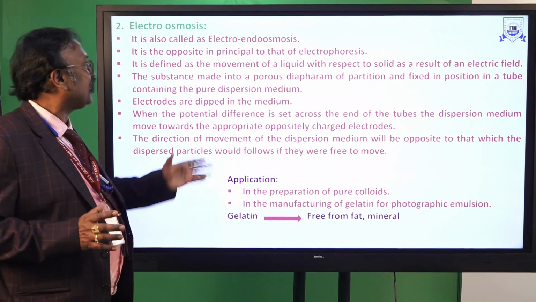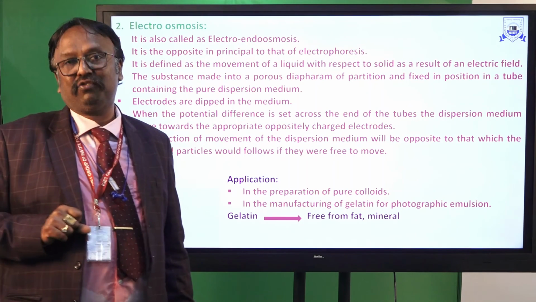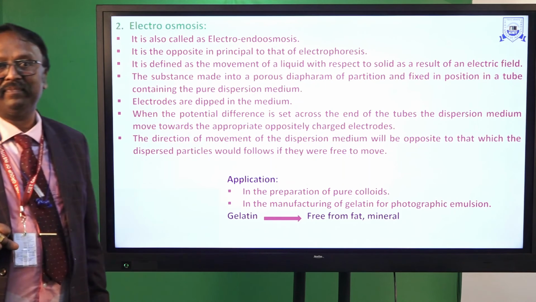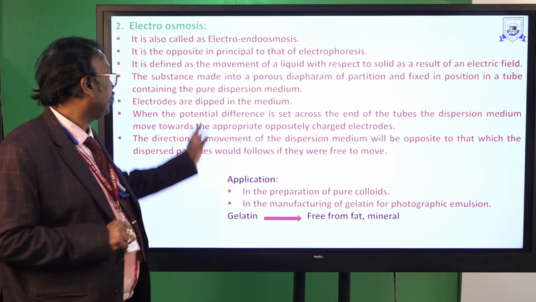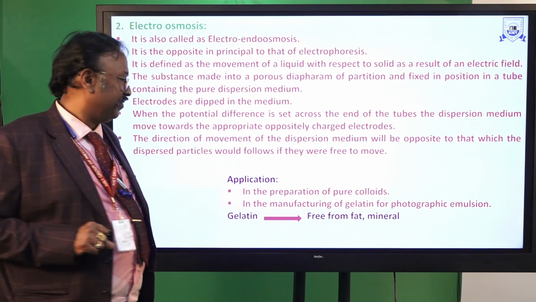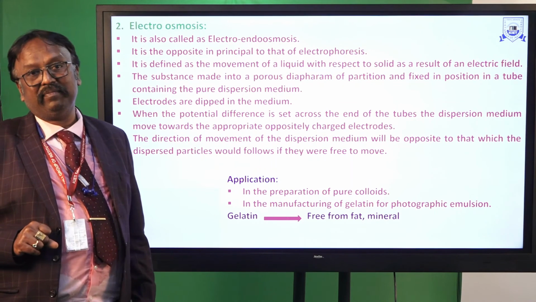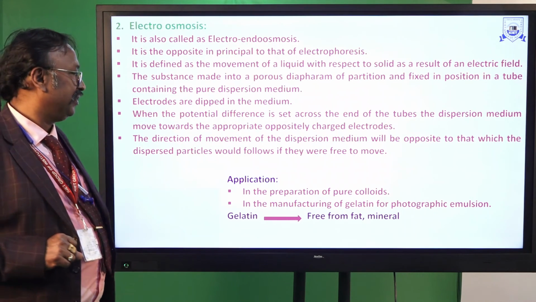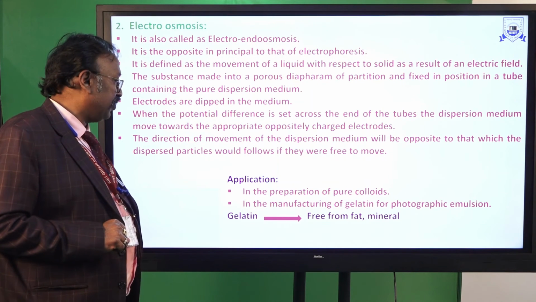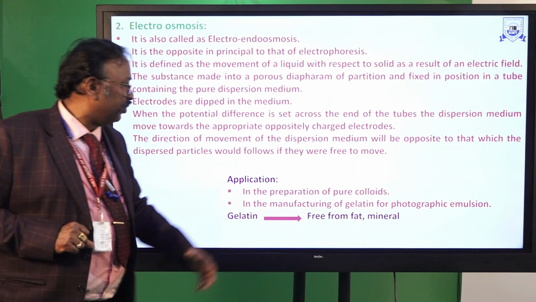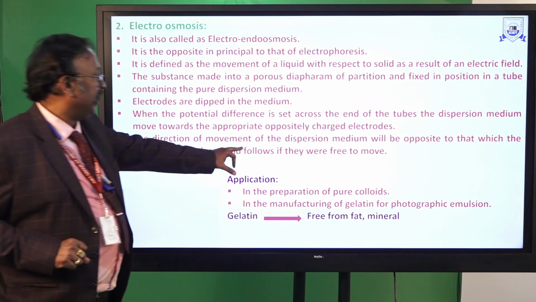For example, electroosmosis is used for the preparation of pure colloids. It is also used for the manufacturing of gelatin for photographic emulsion, where the gelatin is made free from fat and minerals.